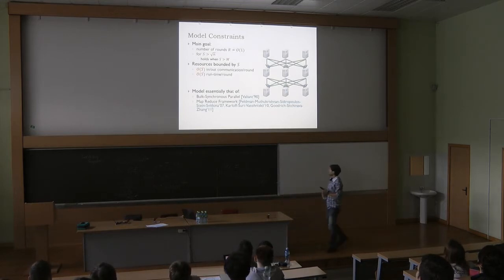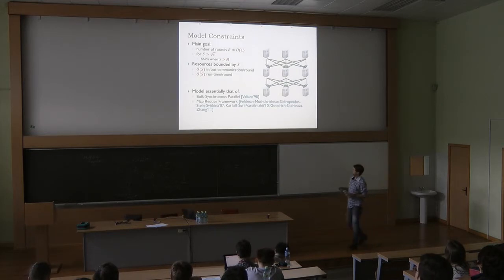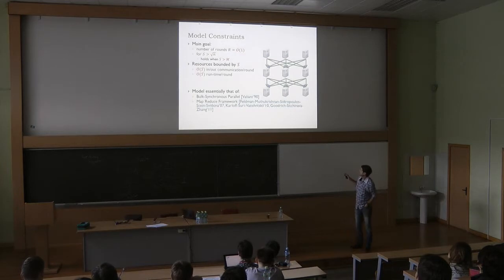Okay, and this model is very similar to what was called the bulk synchronous parallel model, introduced by Leslie Valiant in the 90s. It didn't necessarily pick up too much at that moment, but more recently, after the MapReduce system appeared, some researchers picked up and tried to introduce these models.